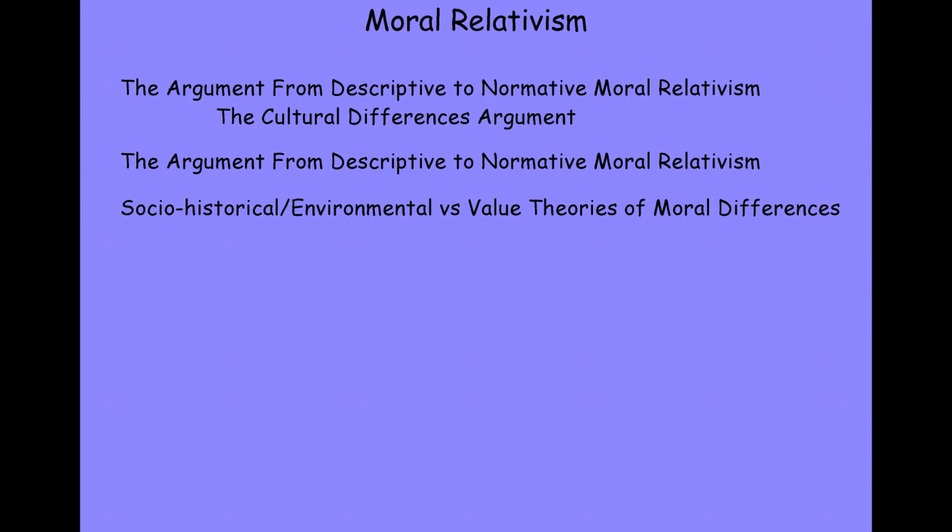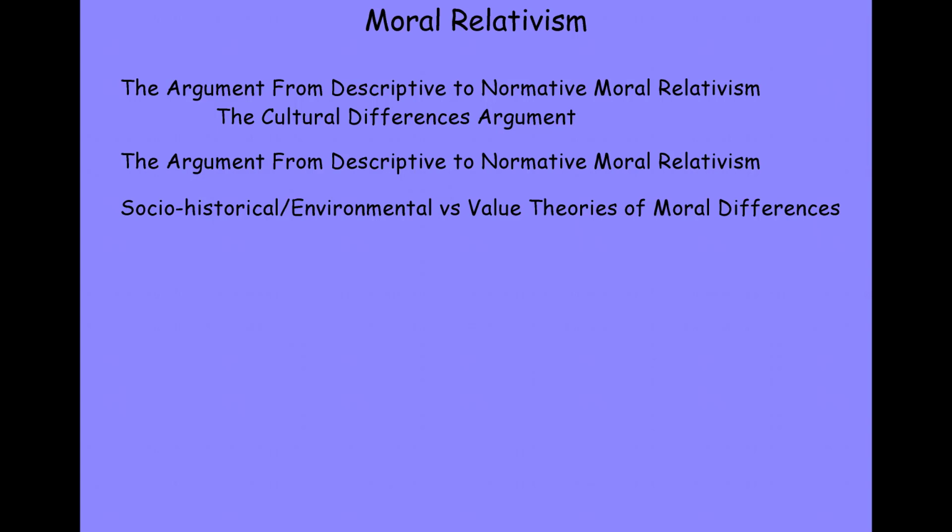Then he's going to turn his attention to arguing that, in fact, the premises, or at least some of the premises, in the cultural differences argument are false or likely to be false. And this is going to serve two purposes. It will establish that the argument is unsound. It's invalid, and also has likely false premises, but it will help us to understand why the argument is invalid by showing how the premises don't necessarily imply the truth of the conclusion.